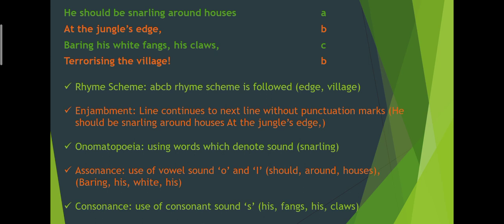And another three different literary devices we learned today are, first, onomatopoeia. Onomatopoeia means using words which denote sound. Animals make sounds, they cannot talk like us. So we say that a dog barks. And what kind of sound does a cat make?